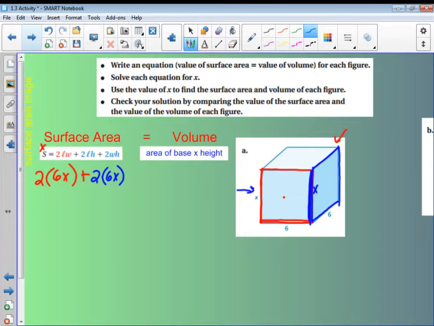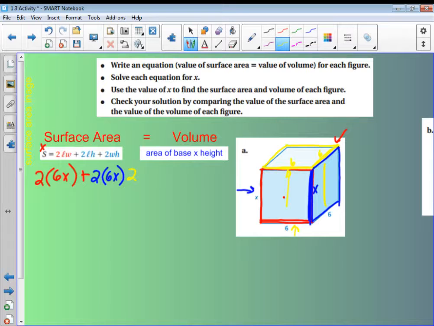Then I've got the top, or the bottom, which are the same. I can visually see the top. The dimensions here: this was 6, and this dimension was 6. So 6 times 6 is 36, and there's another one on the bottom, so there are 2 of those.